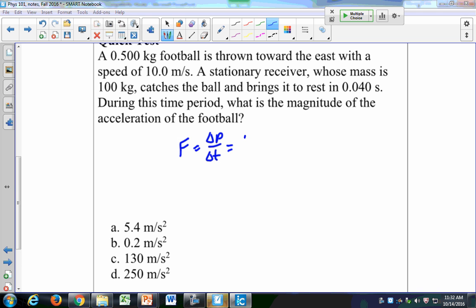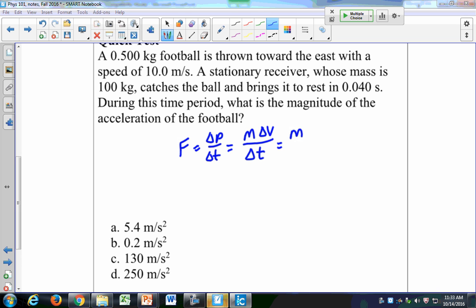Delta P is going to be M times delta V over delta T. That's going to be M. It's going from 10 meters per second to 0 meters per second. Here, I don't really need to worry about my signs so much because I got that 0, so I don't have to worry about am I subtracting a negative or adding a negative.